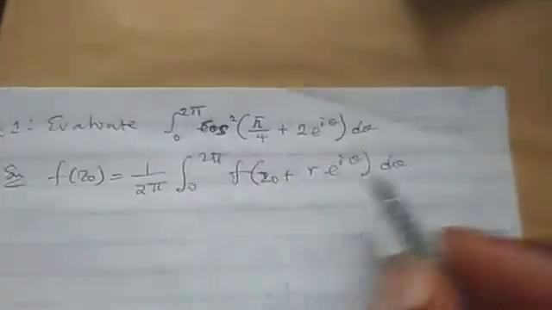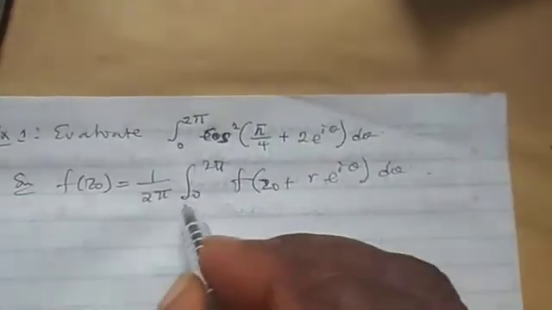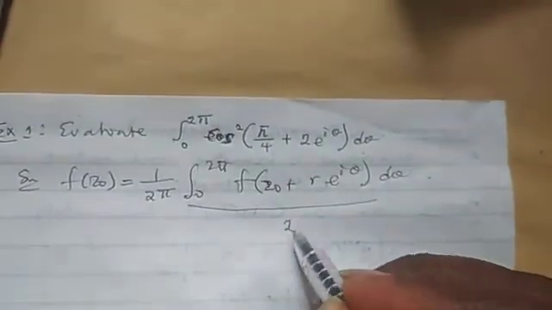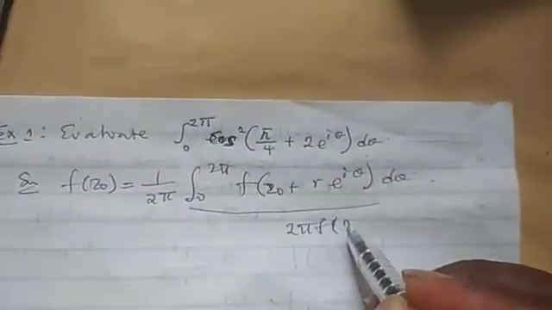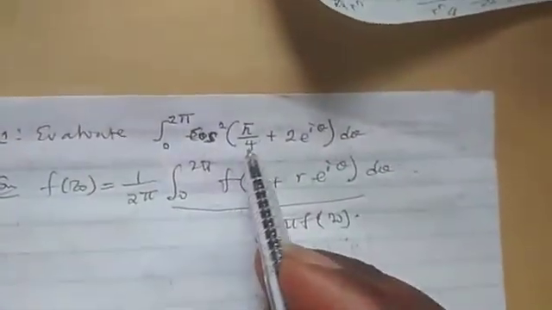So the whole of this will be equal to 2 pi f of z naught. The only thing we need to know here is our z naught.